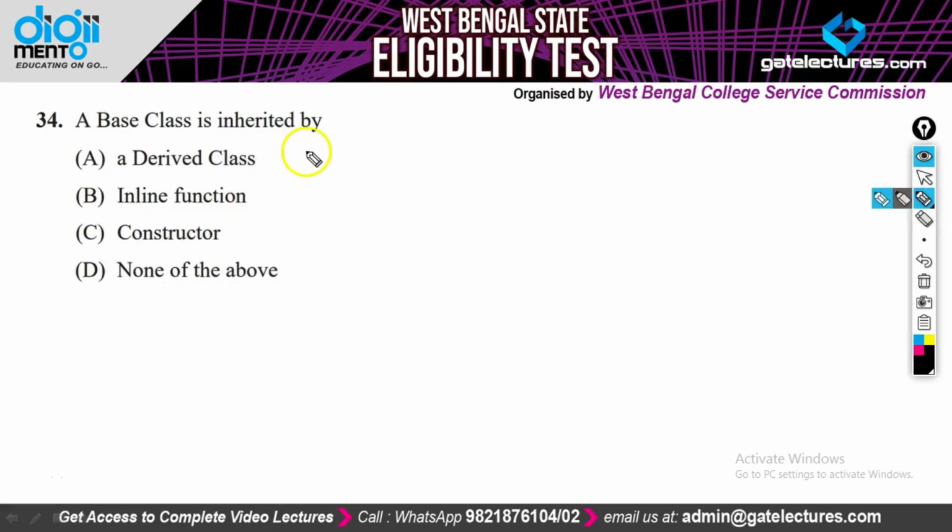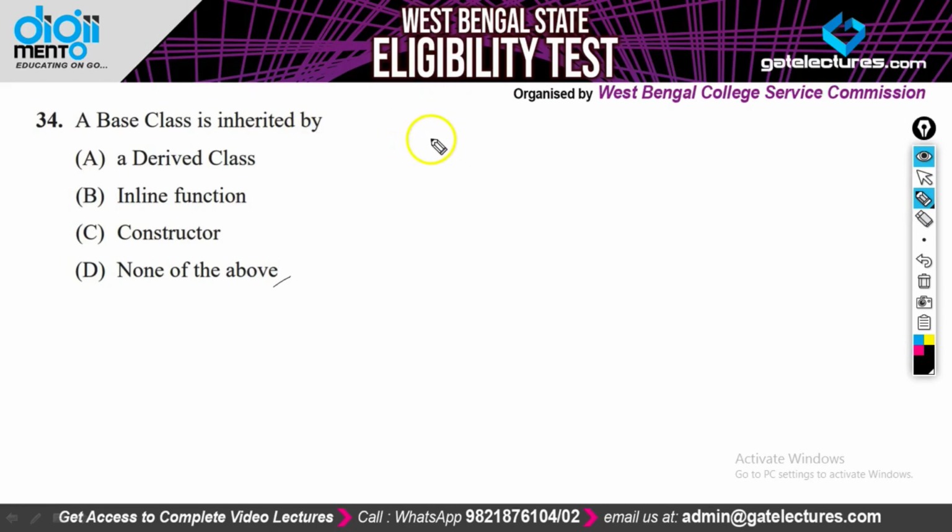So here is a basic question. It says a base class is inherited by a derived class, an inline function, a constructor, or none of the above. So inheritance is a property by which we can inherit the properties of other classes also.